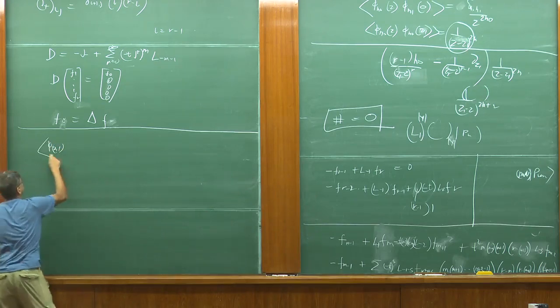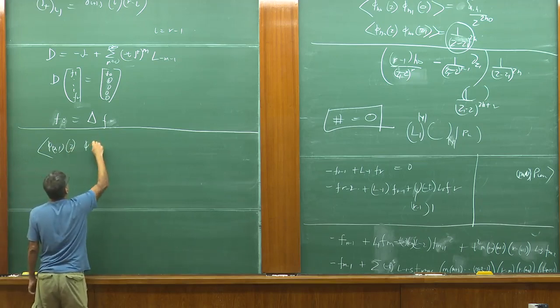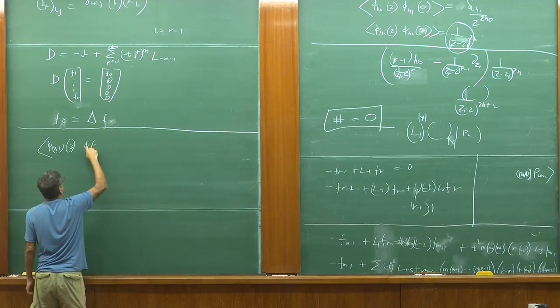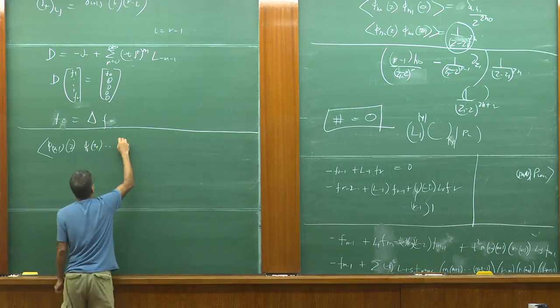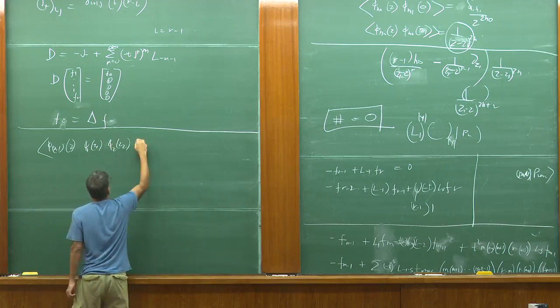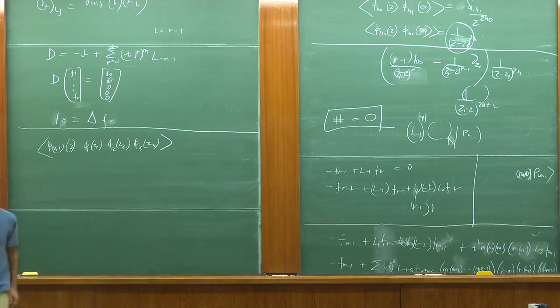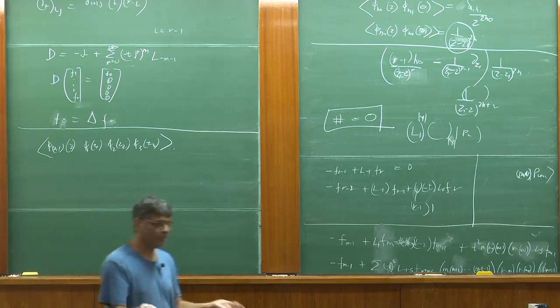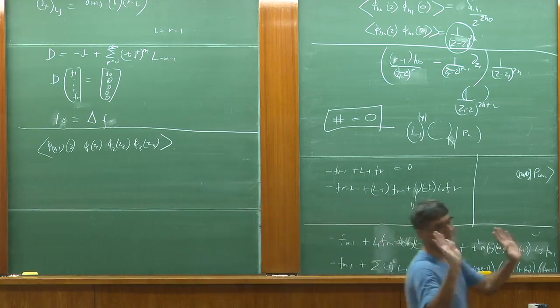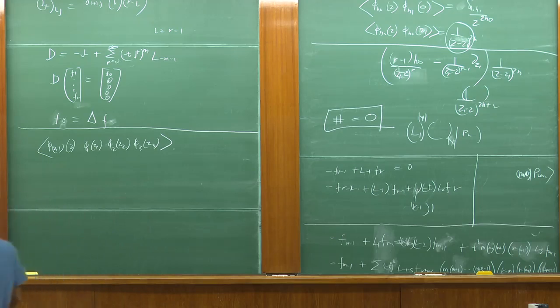So consider you have phi 2,1 of z, then phi 1 of z1. We don't even say what these other guys are. Phi 2 of z2 and phi 3 of z3. These are primaries, and there are very few possibilities for what they could be. But for whatever they are, we're working. Okay?